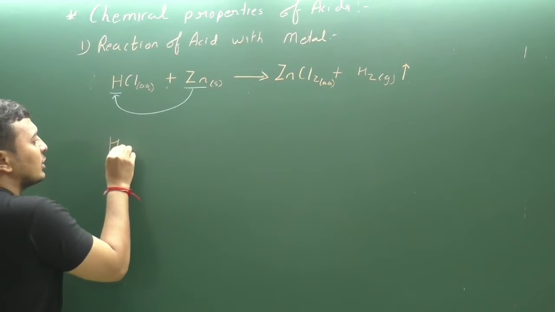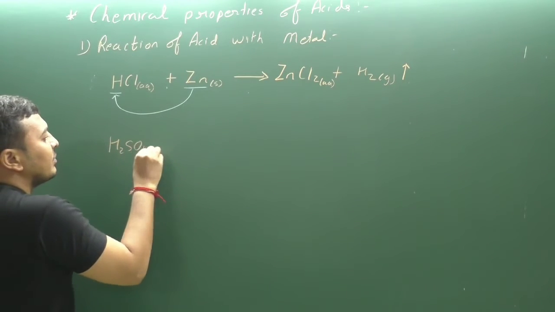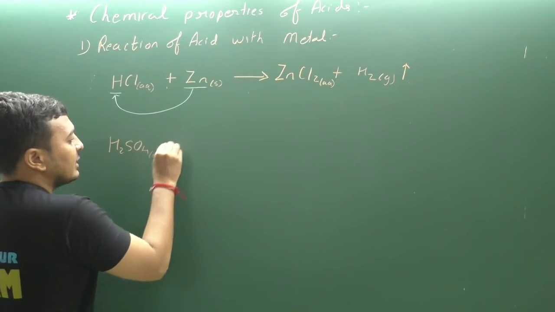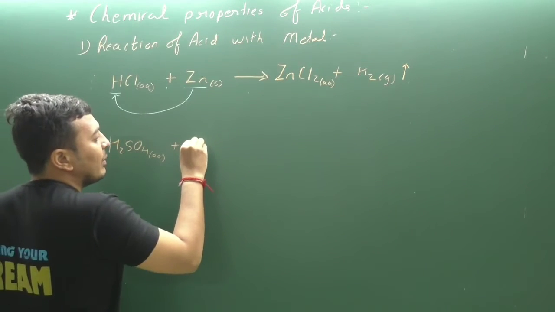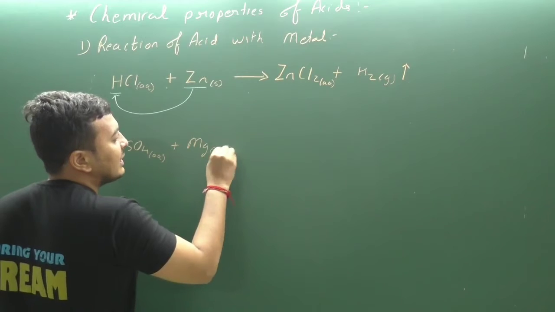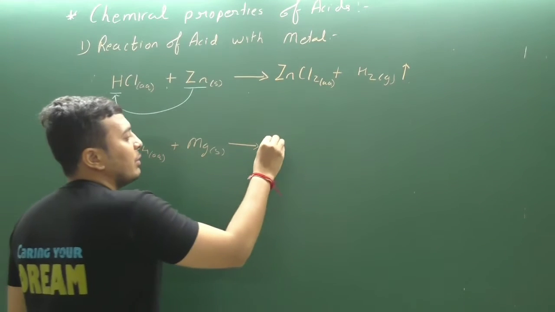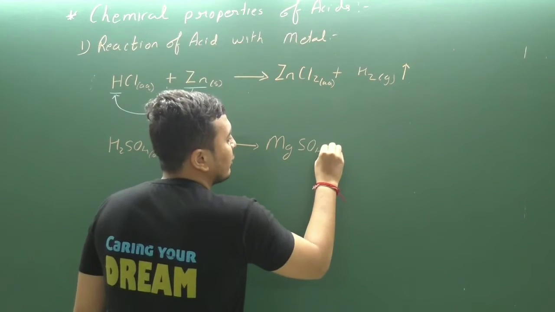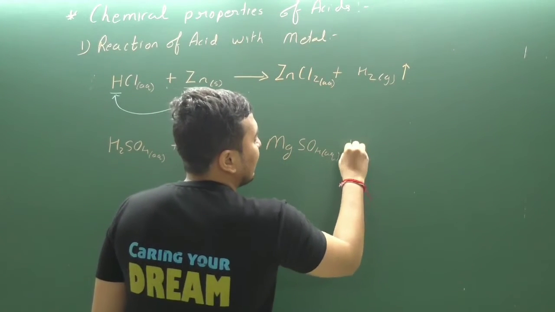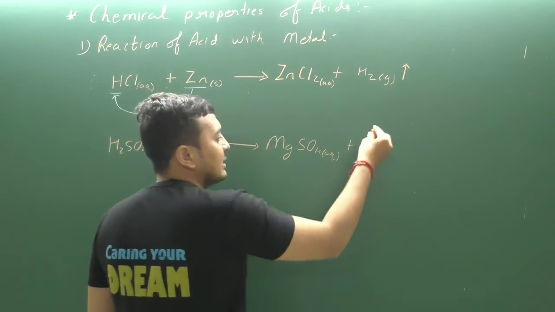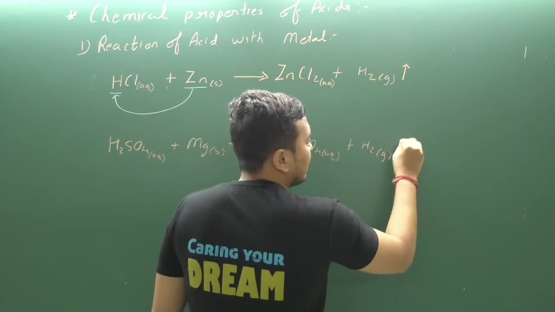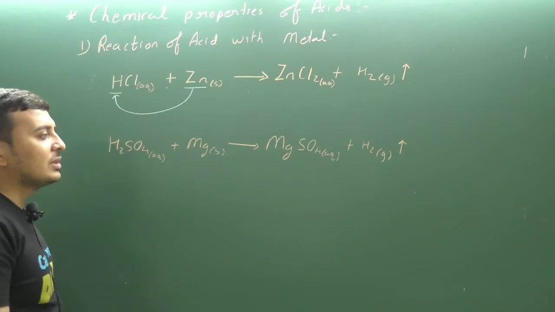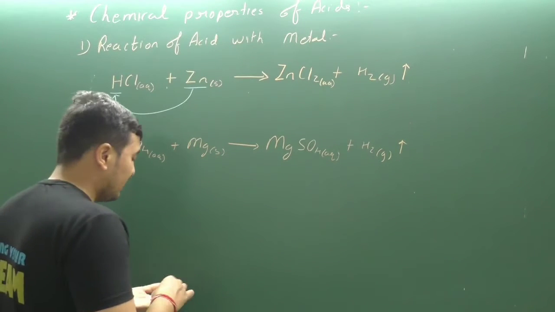For example H2SO4, sulfuric acid, aqueous in state. When it reacts with another metal, for example magnesium, solid in state, the compound formed is magnesium sulfate, MgSO4, aqueous in state, plus hydrogen gas is released. As it is a gas, we indicate an upward arrow, which indicates that hydrogen gas is released. See what happened here.